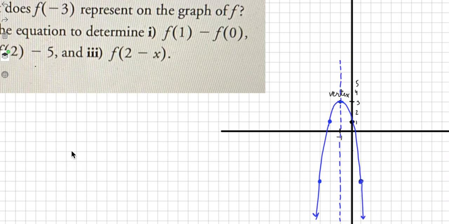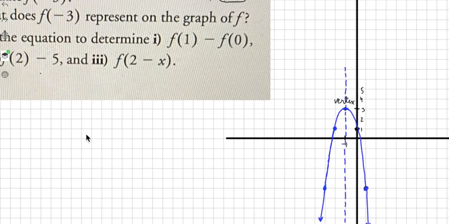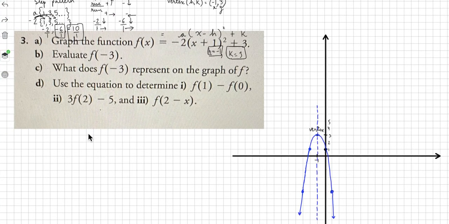Let me fix that too, passing right through this point. Something like this. It should be a smooth graph. Okay, that makes sense now. This is basically the graph of the parabola here.